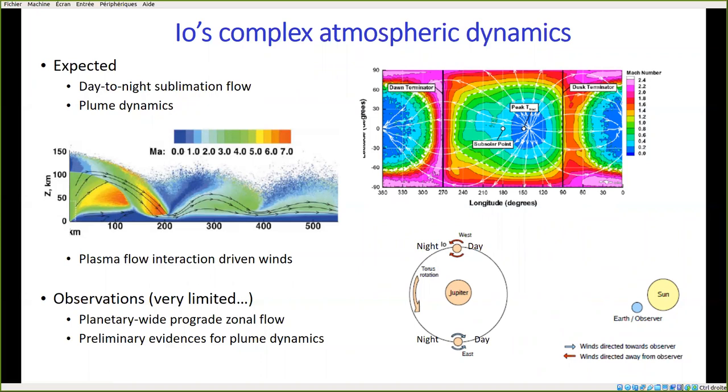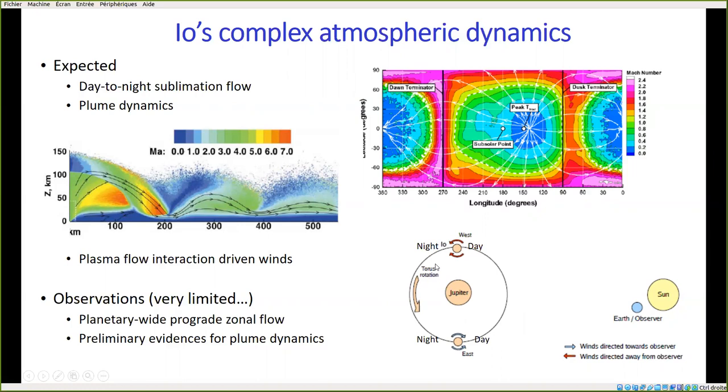But there is yet a third possible dynamical regime, which would be caused by the interaction of the plasma flow with the atmosphere. This plasma flow may induce a drag force on the atmosphere and put it in motion in a circulation regime that, depending on where Io is on its orbit, could mimic, as seen by the observer, a day-to-night flow or a night-to-day flow.